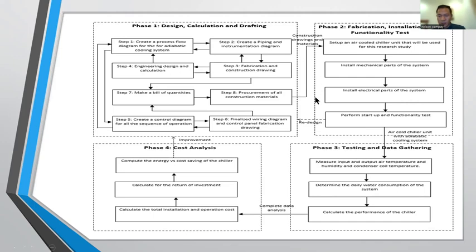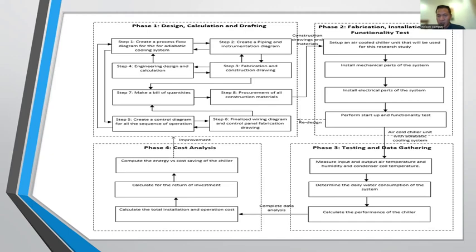If the result of the functionality test fails, it needs to revisit the design of the whole system and repeat the procedure starting on step 1, until the test is satisfactory.